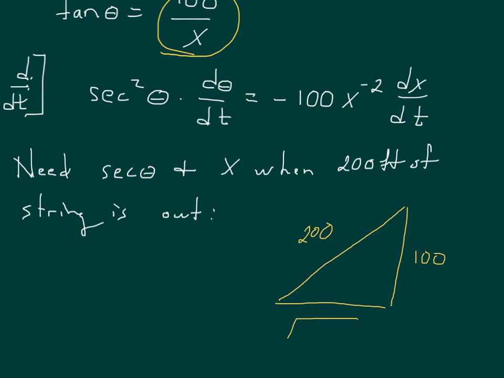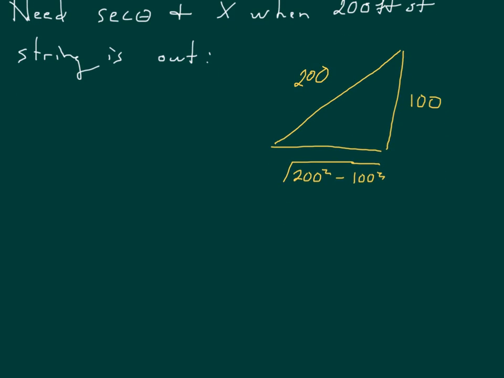Well, by the Pythagorean theorem, that's going to be root of 200 squared minus 100 squared, and that is equal to root, I see I've got 100 squared common, and I'm left with 2 squared minus 1 all squared, which is equal to 100 times root 3.